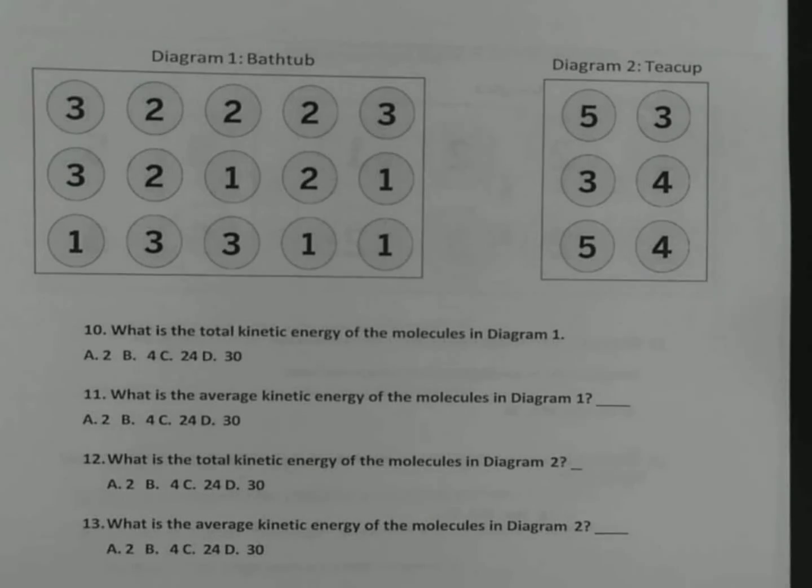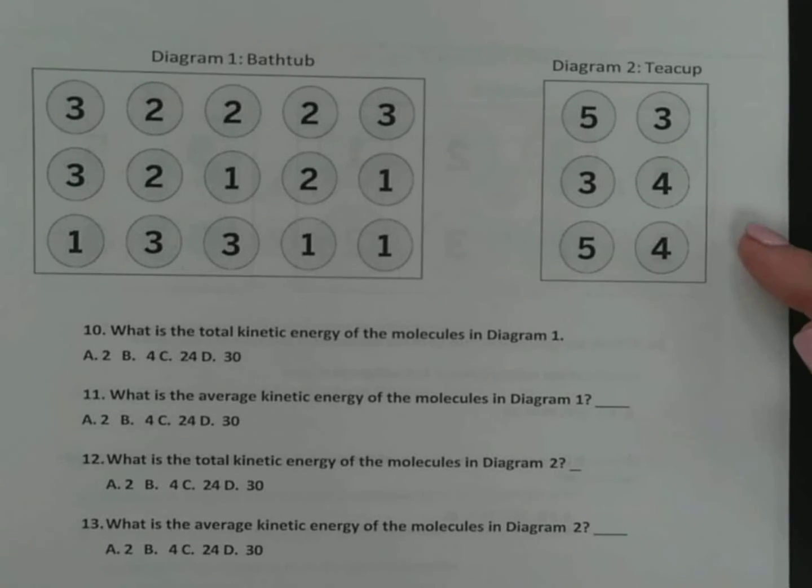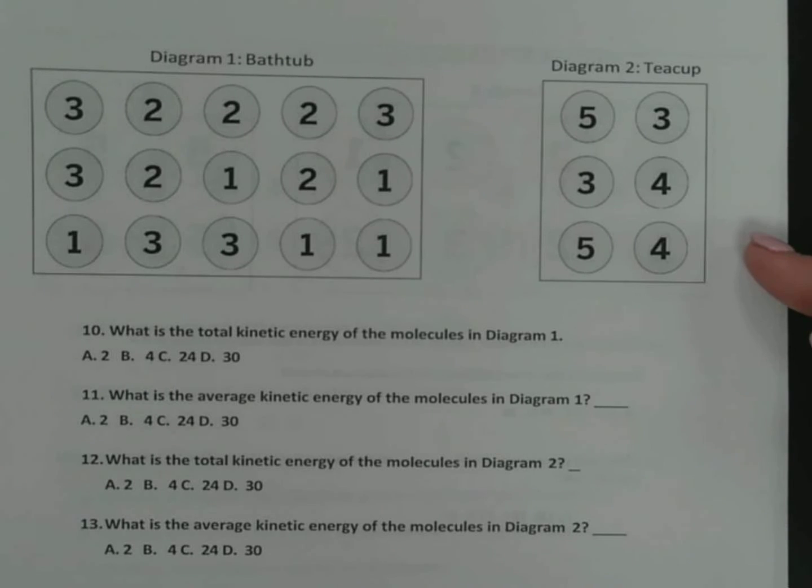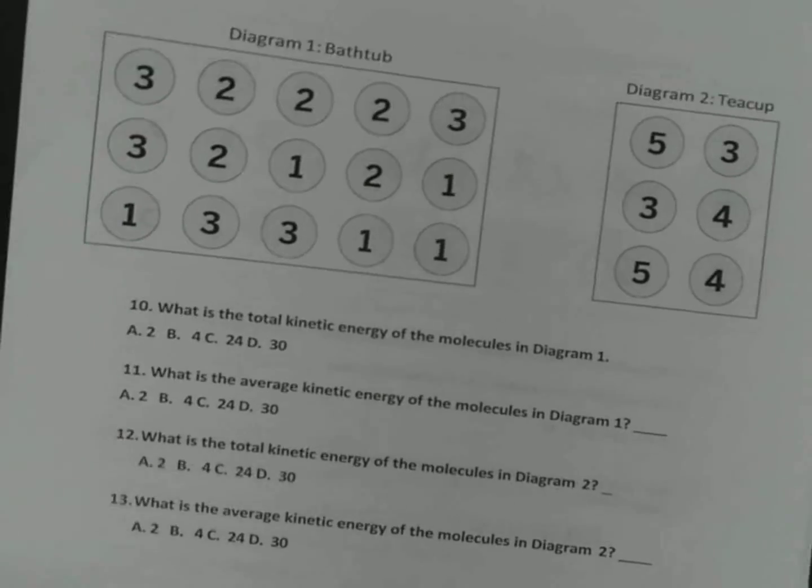Number 12, what is the total kinetic energy of the molecules in diagram 2? A2, B4, C24, or D30. And then finally 13, what is the average kinetic energy of those molecules in diagram 2? Is it A2, B4, C24, or D30?